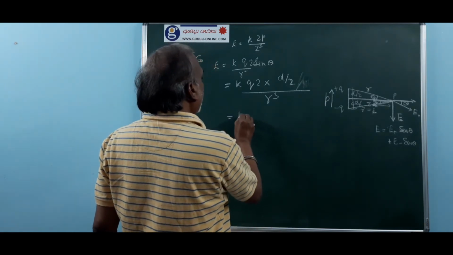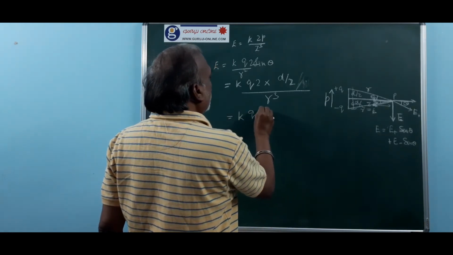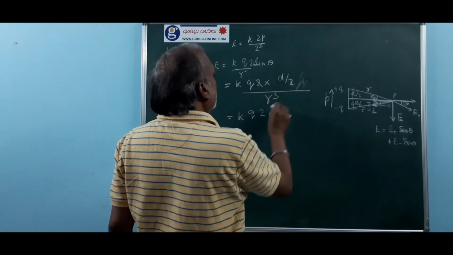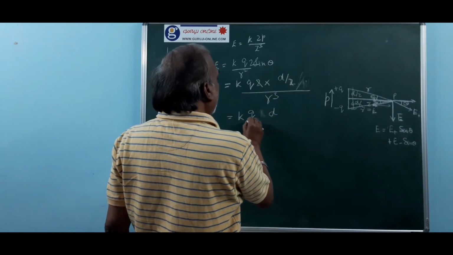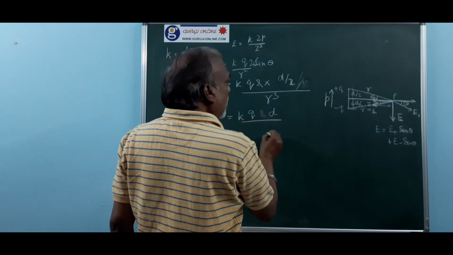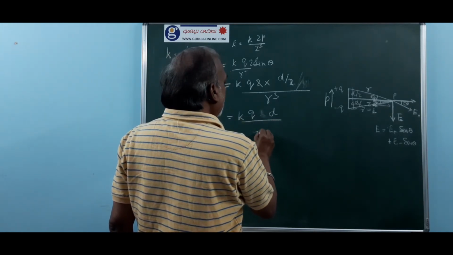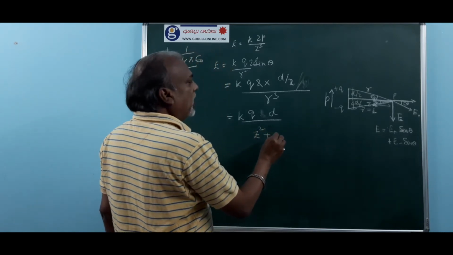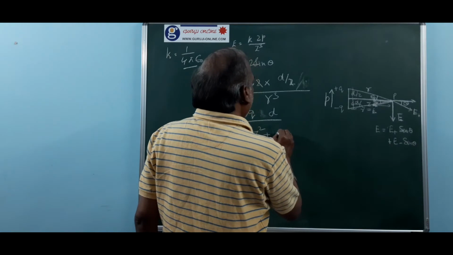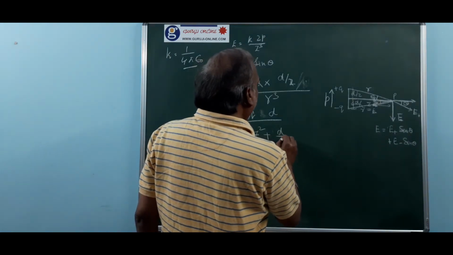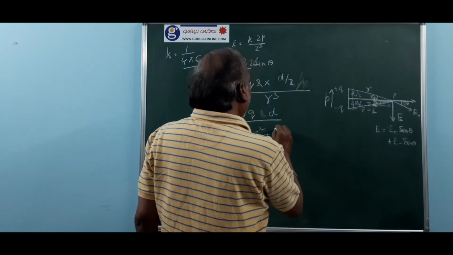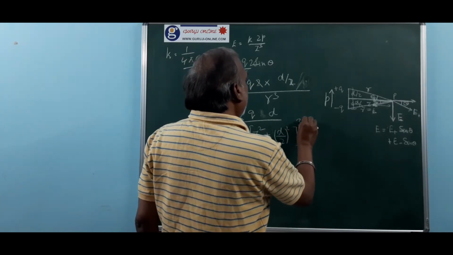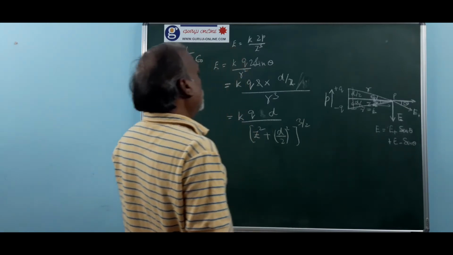So this will be your K, Q, 2, D, 2 cancels out, sorry, Q into D, and this is your z plus z square plus d by 2 whole square to the power 3 by 2.